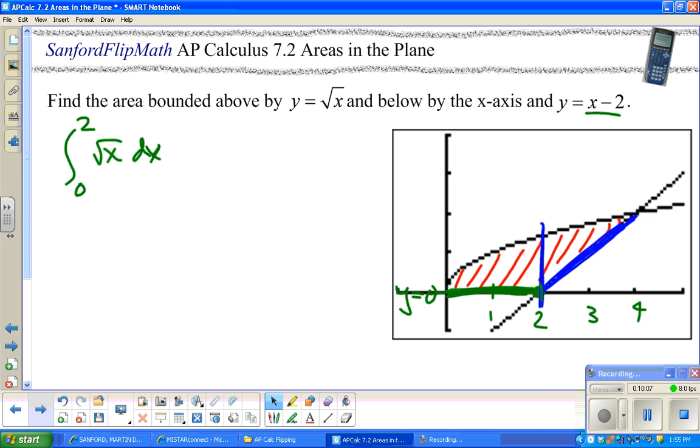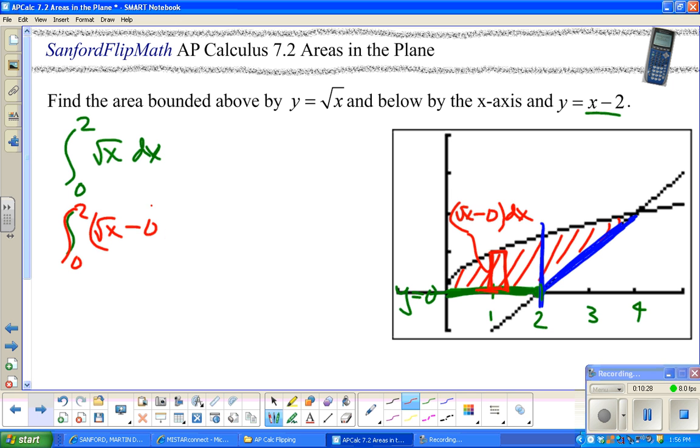Now, if you wanted to put it in the form that we were just playing with, here's this rectangle, and the height of this rectangle would be the square root of x minus 0 times dx. So you'd write from 0 to 2, the square root of x minus 0 dx. Well, the minus 0 isn't really doing anything here. So it's a non-issue.